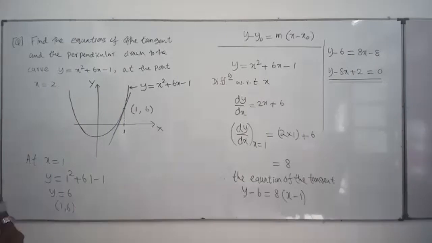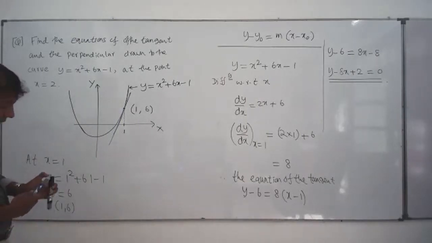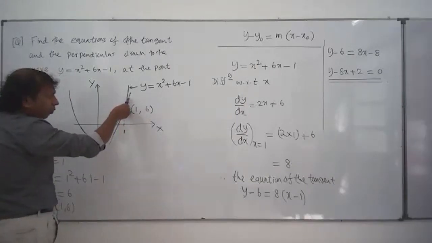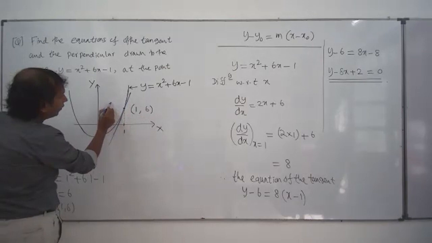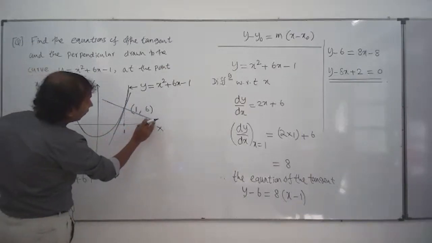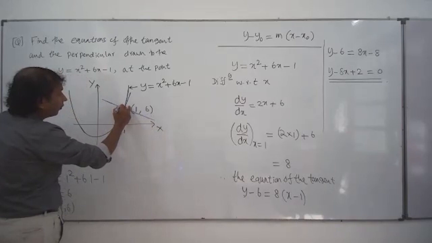Now, secondly, it asks for the perpendicular line. Perpendicular line means, at the point 1, 6, perpendicular to this tangent, we can draw another line like this, here at 90 degrees.